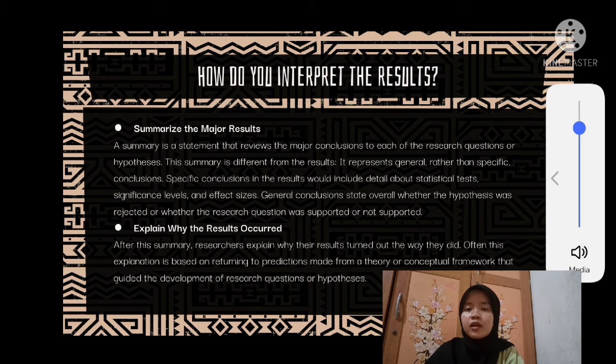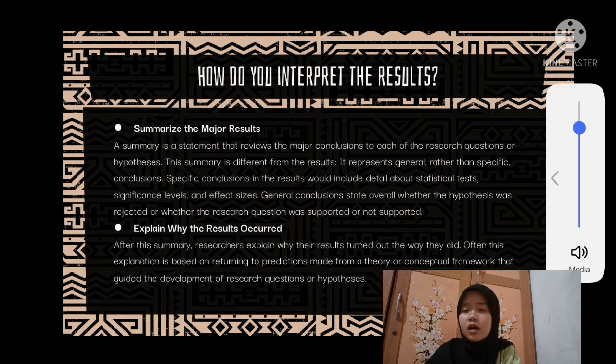A specific conclusion in the result would include detail about statistical tests, significance levels, and effect size. General conclusions state overall whether the hypothesis was rejected or whether the research question was supported or not supported.